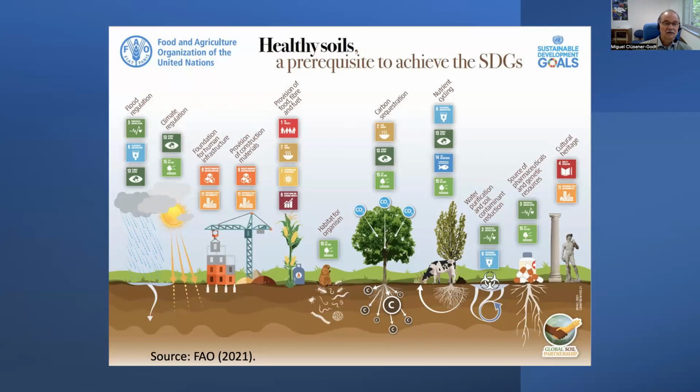SDG 3, 6, 13: water, climate change, health. The flood regulation, for example, what does soil do with water? Climate regulation, SDG 13, 15. Climate change, life on Earth. Soil regulates also the flux of energy from the sky.